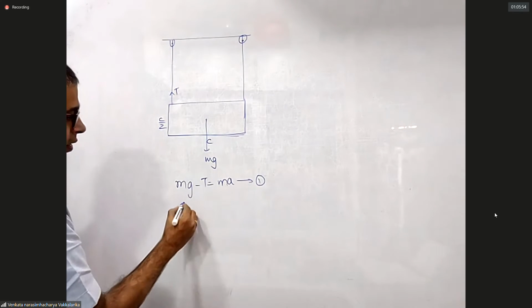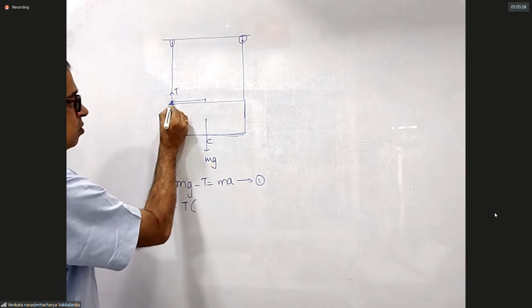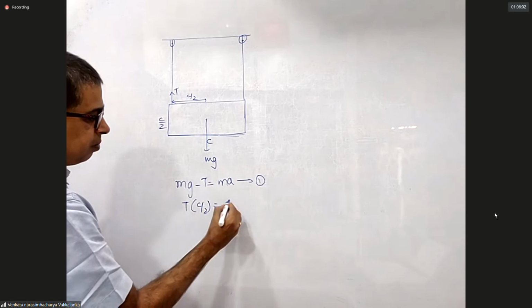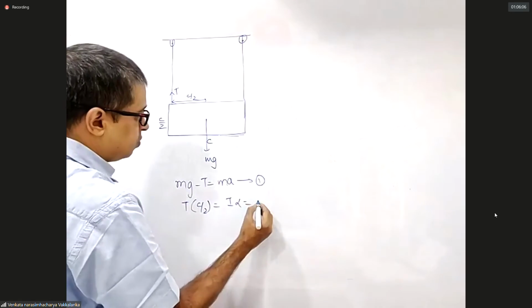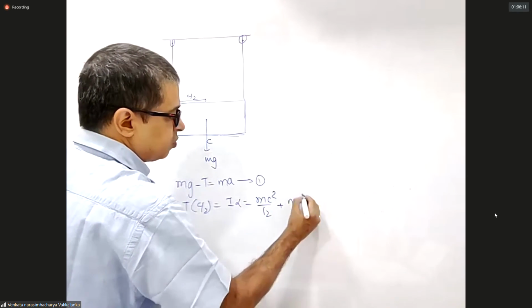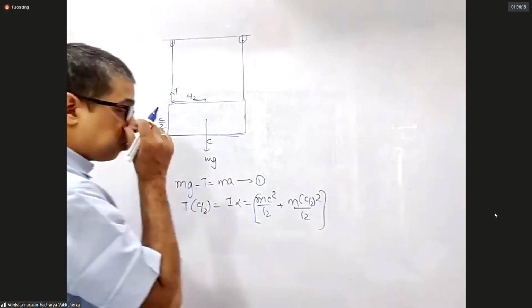Then, taking the torque about the center of mass, this distance is c by 2. T into c by 2 is I into alpha. I is about the center of mass: mc square by 12 plus m into (c by 2) whole square by 12.